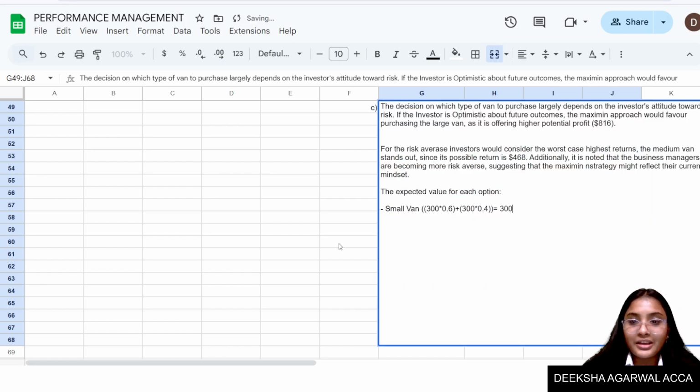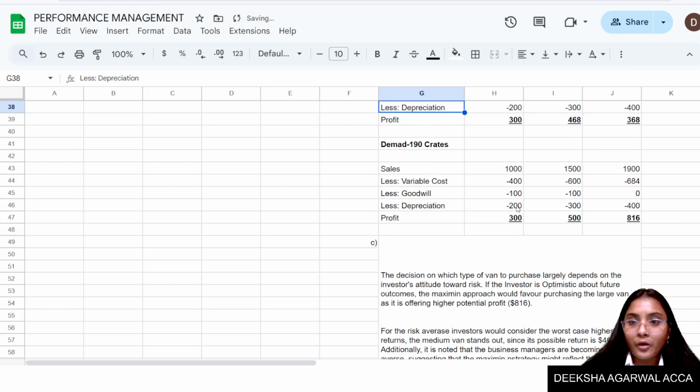Ultimately, if you look at the probability, you can directly write here 300. Then you have your medium one. For the medium one, how much will it be? And then we have our large one.